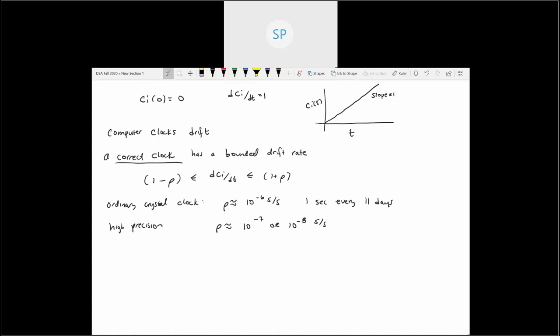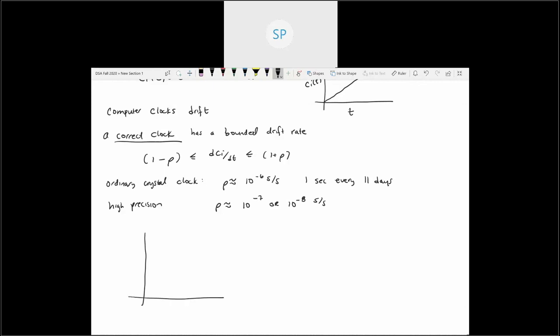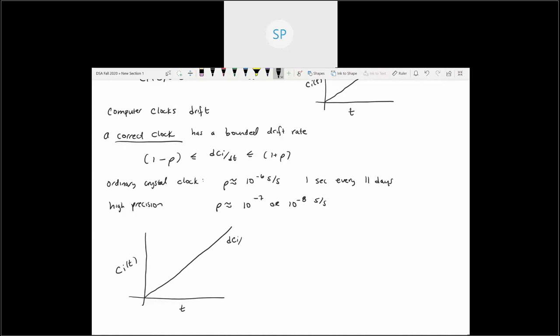Okay, so maybe if I just draw a picture. We could look at this again with our plot, with our time on the x-axis and our clock on the y-axis, and this is our perfect clock, assuming I drew a straight line with our nice derivative of 1.